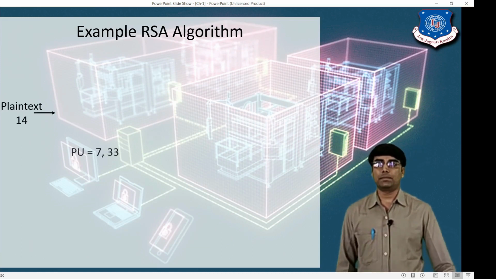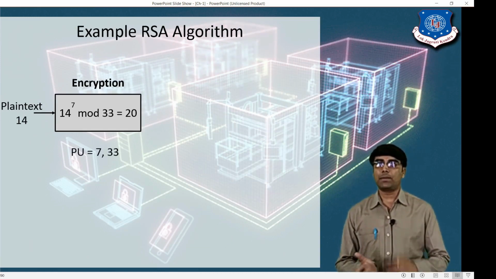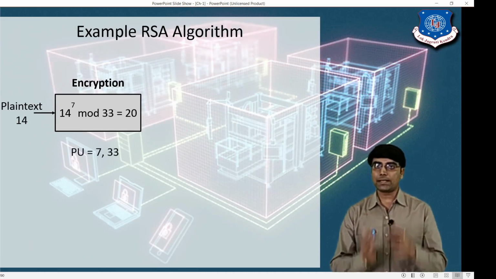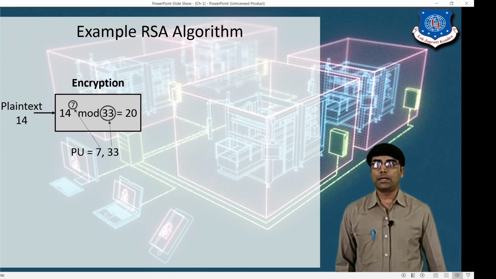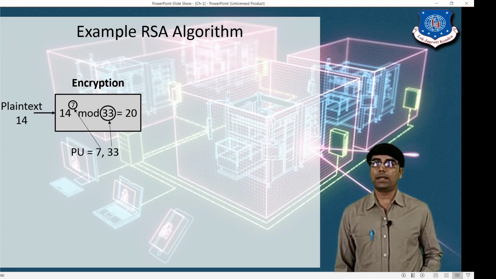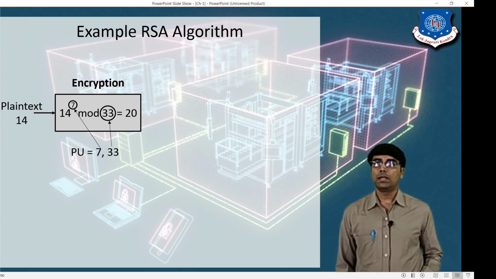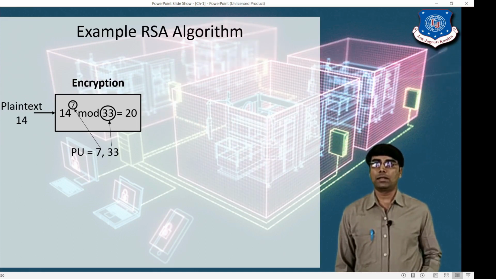Now let's take another example. This previous example is represented in a graphical relation. So like this, you can see this is my plaintext message 14. Now apply the encryption along this equation: 14 raised to 7 mod 33 equal to 20. So our PU encryption key is 7 and N is 33.